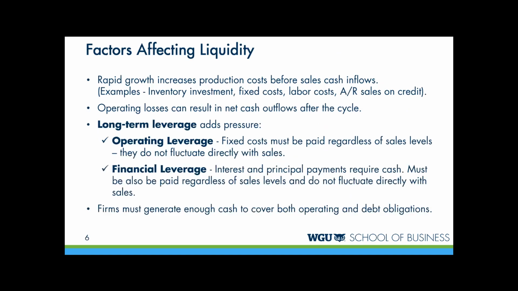So examples are when we have to invest in inventory, when we have fixed costs that we have to cover, when we have to cover our labor costs, and when a good portion of our sales are coming in the form of accounts receivable on credit. Those accounts receivable do represent sales, but we haven't collected the cash on it yet, so it's not liquid at that point.